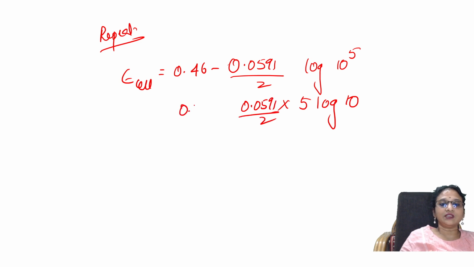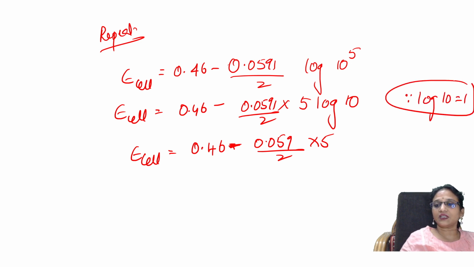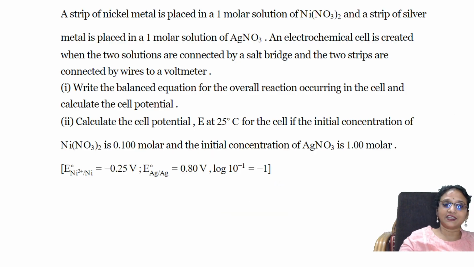So I will ignore that log 10 and make this E cell equal to 0.46 minus 0.059 by 2 into 5, since log 10 is 1. Correct now? So when I simplify, I'll be getting an answer of around 0.3125 volts. Simple. All sums are simple, students. Easy? Let's see one more.